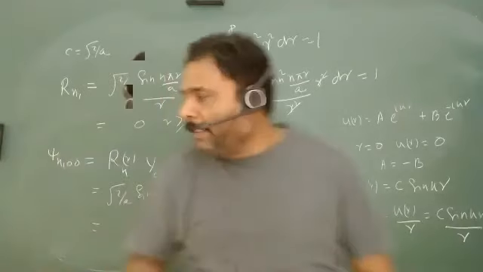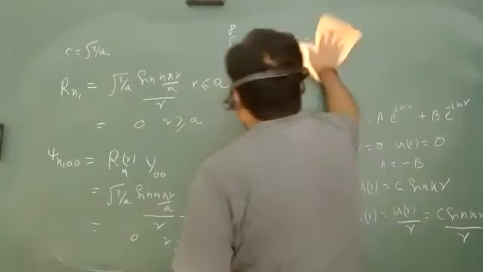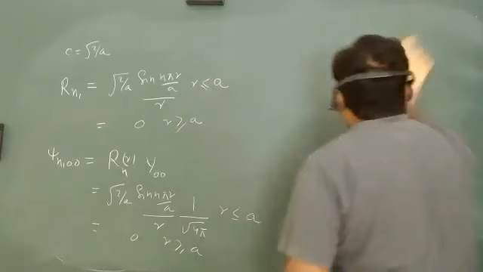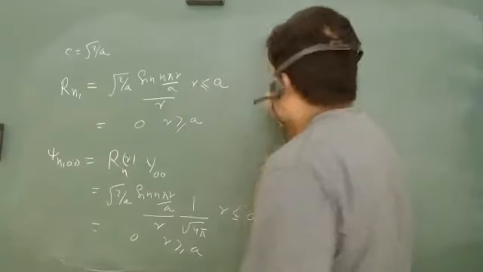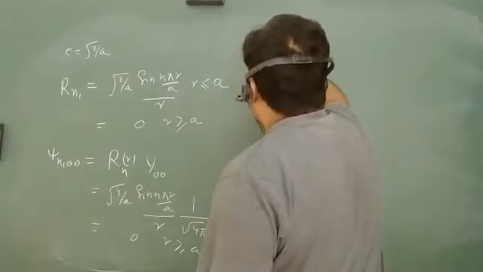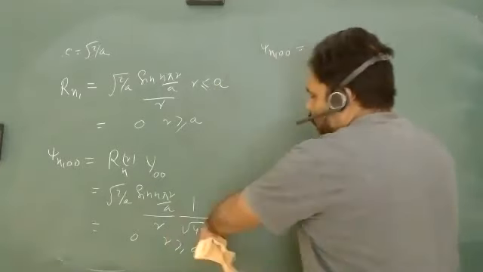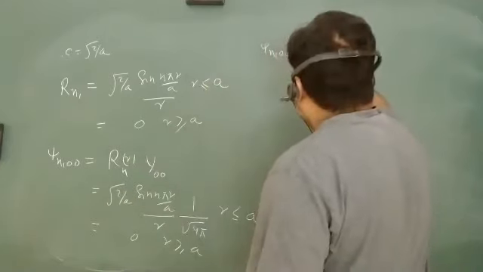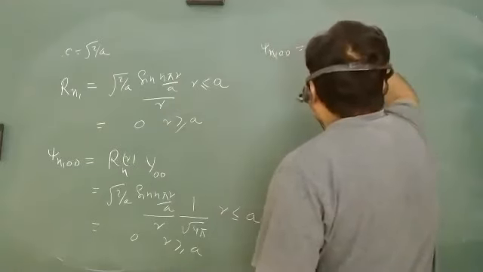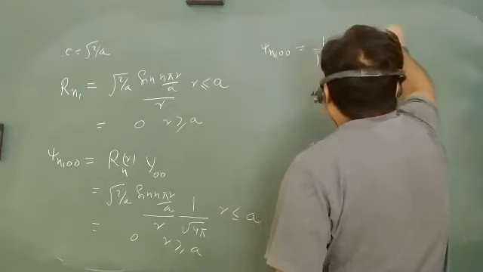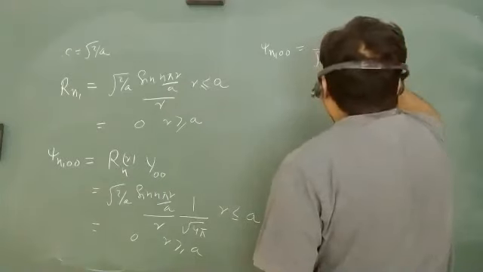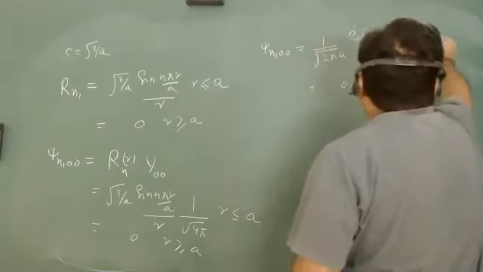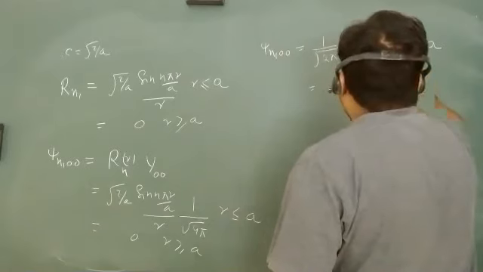So, and what will be the energy eigenvalue? So I can write it in complete form. Your psi n 0 0 is equal to, you can just put 4 pi there, what you will get? 1 upon root under 2 pi a sine n pi r upon a by r if r is less than a and 0 if r is greater than a.